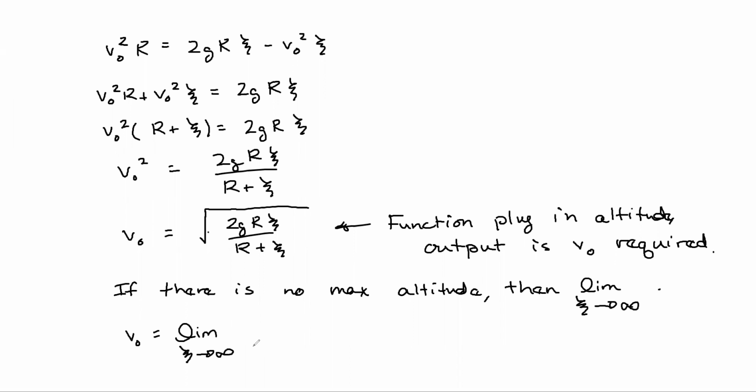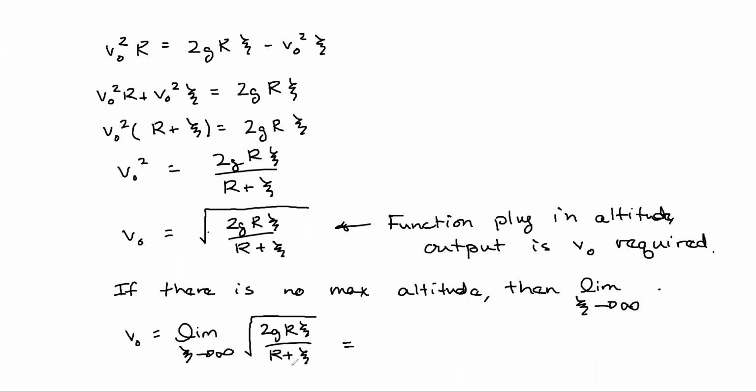There's no max altitude. Max altitude is infinite. As xi goes to infinity, this r term that's in the denominator is going to become inconsequentially small, and so you effectively can ignore it.